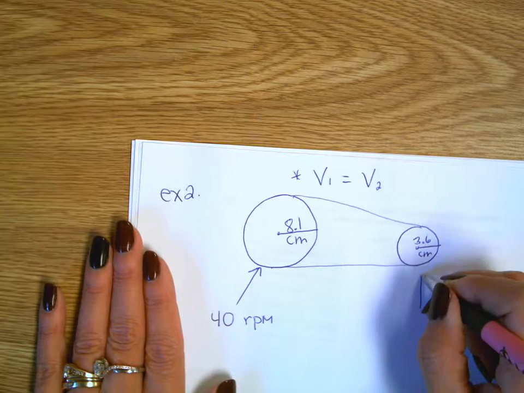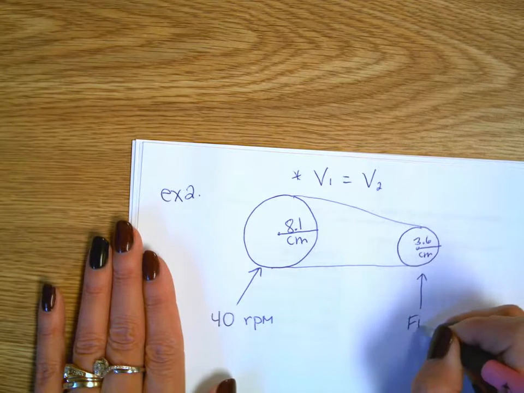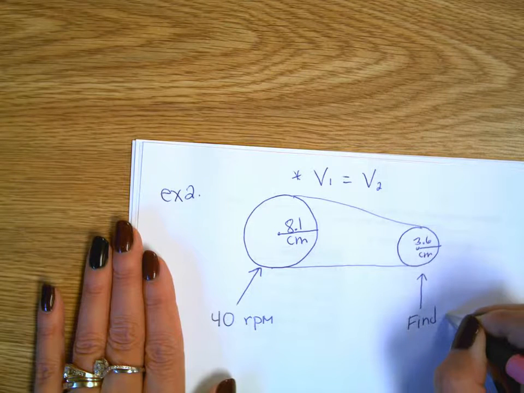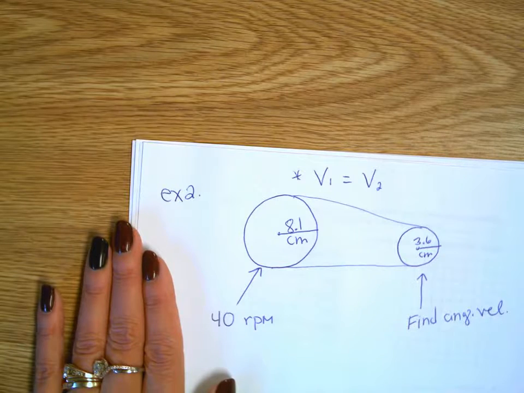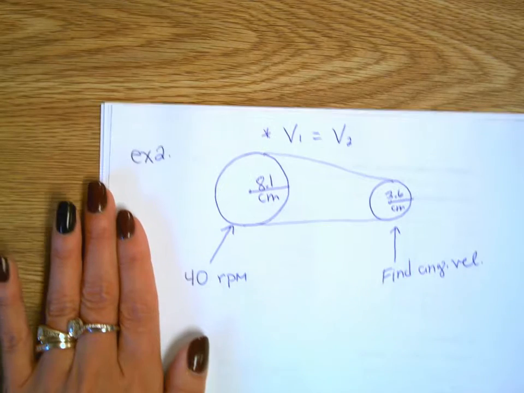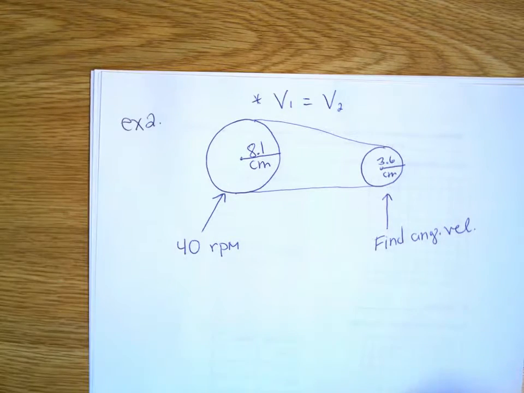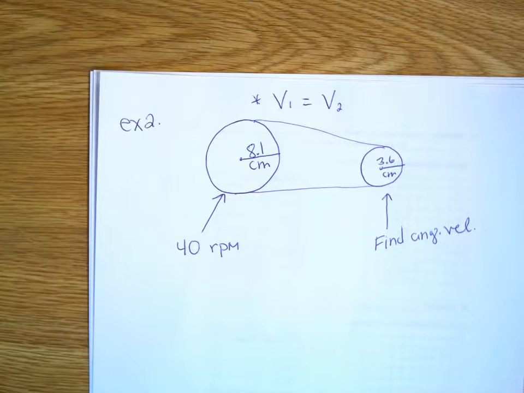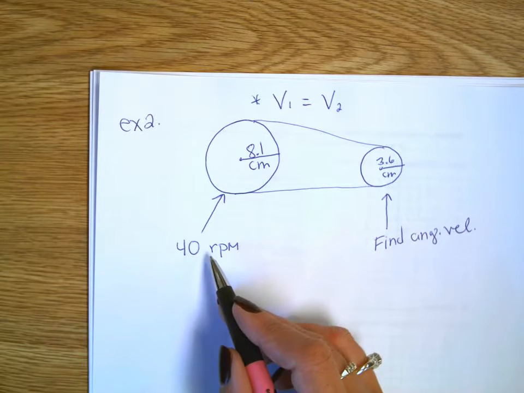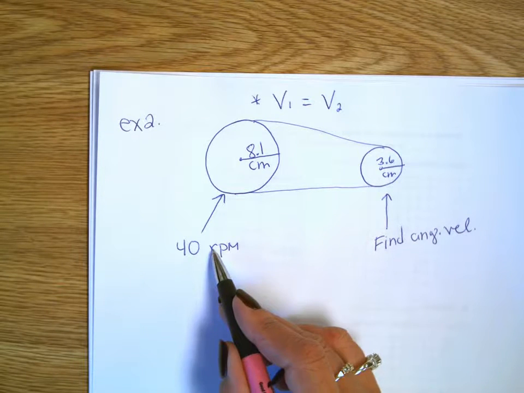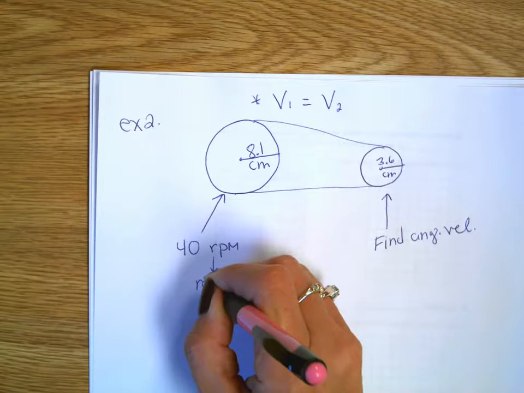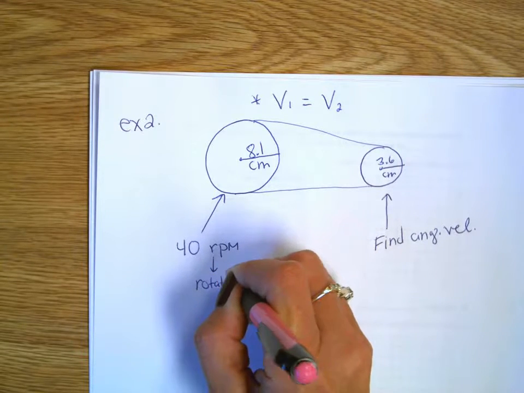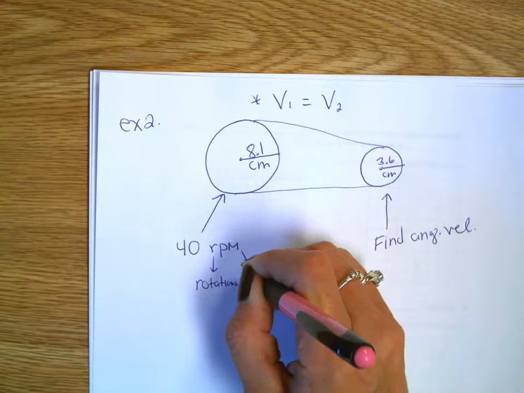My question is, can you find angular velocity over here? Okay, what does RPM mean? Revolutions per minute, rotations per minute. So it's giving us two pieces of information here. Rotations per minute. Red flag.